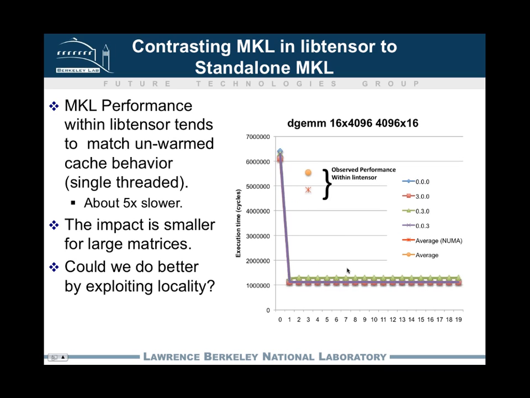And here I'm looking at the performance of a single thread, so I'm not even talking about the parallel version, where we may have a larger difference. Typically, we also exploit parallelism in Libtensor by having more worker threads, so we should not care about this much.